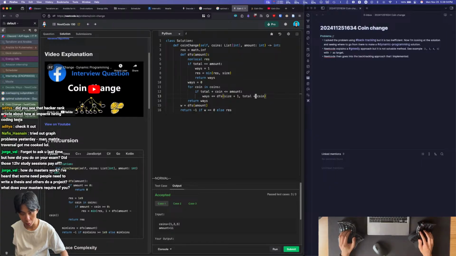All right, so if you're talking about amounts, get rid of this. 1 plus DFS of total minus coin.